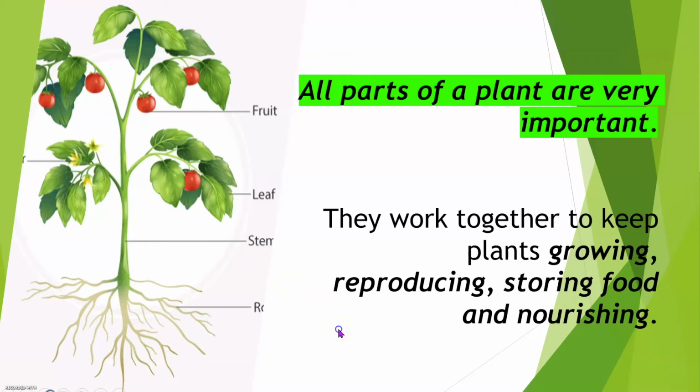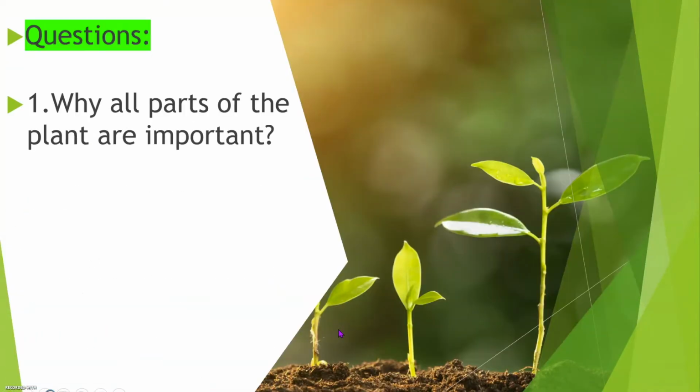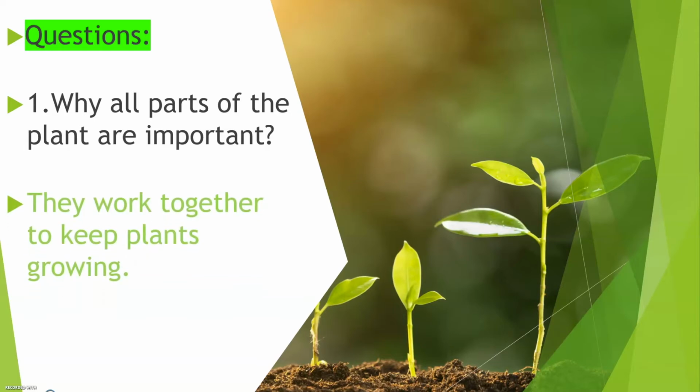Very good, everyone. Now let's answer the question, why are all parts of the plant important? Because they work together to keep plants growing, reproducing, storing food, and nourishing the world.